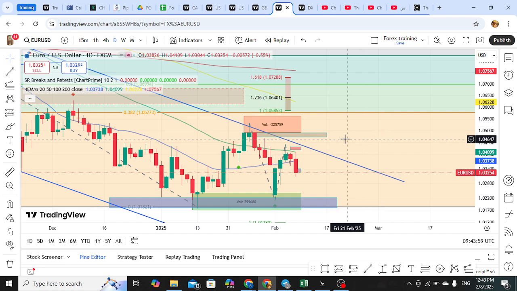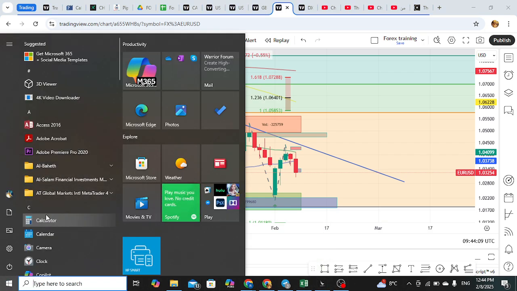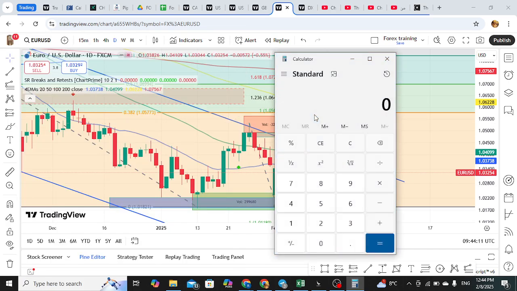To calculate the 1 to 2 is very easy. You have one of two ways. The first way is the manual way, where we choose a calculator and then calculate the stop loss distance from the entry point, and say that, well, the stop loss is 20 points, 20 pips, okay, away from the entry point.